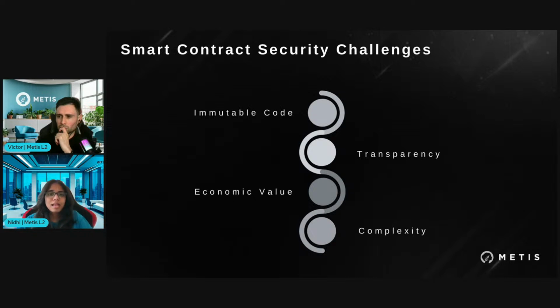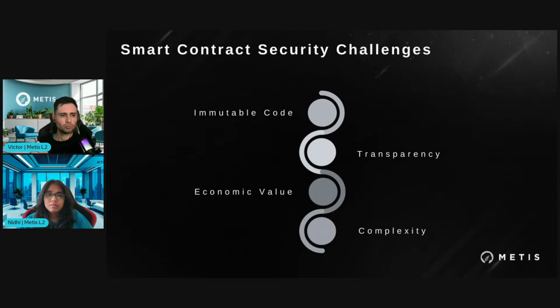Then there is the economic value. Smart contracts often hold significant amounts of funds, mostly in the DeFi world. This makes them an attractive target for hackers. The more money at stake, the higher the incentive for bad actors to find a way in.